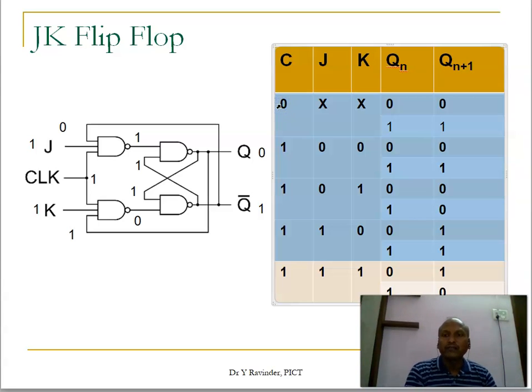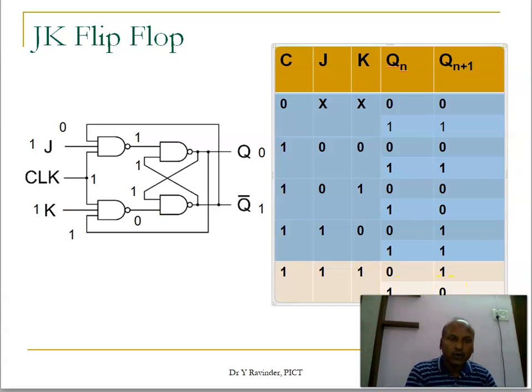Only the third condition we've added here is that when clock is 1, J is 1 and K is 1. Under this condition, when both are 1 and 1, if the previous output was 0, the next state will be 1. If the previous output is 1, the next state will be 0.